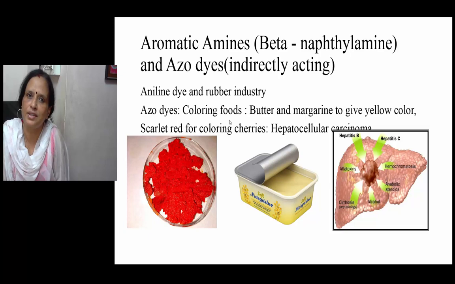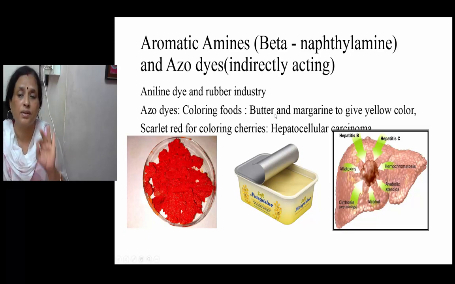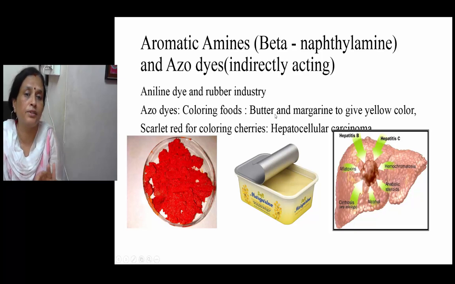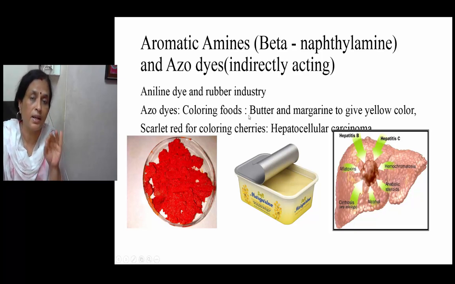Then scarlet red. Foodstuffs with red color, especially the cherries. Tutti frutti, how much color is added to it. Better avoid all these foods which have a lot of artificial colors added to them.